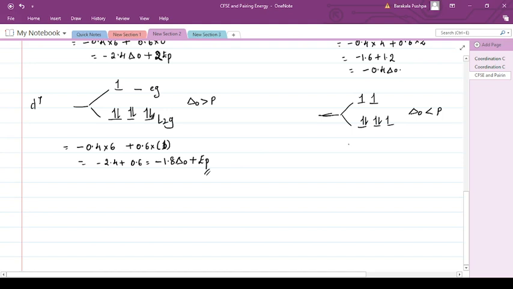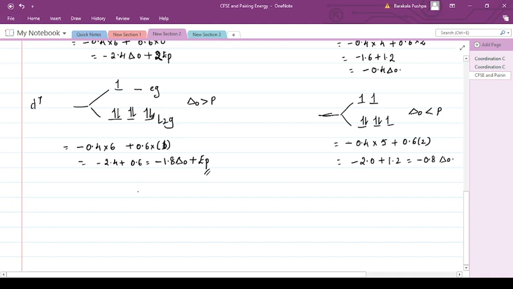Here you have minus 0.4 into 5 plus 0.6 into 2, that is equal to minus 2.0 plus 1.2, equal to minus 0.8 delta O. So this is the concept of pairing energy.